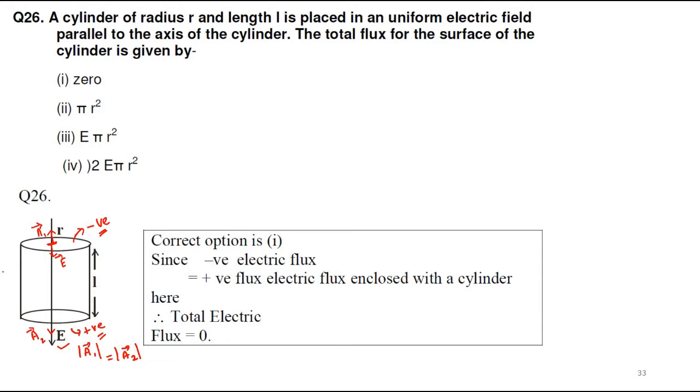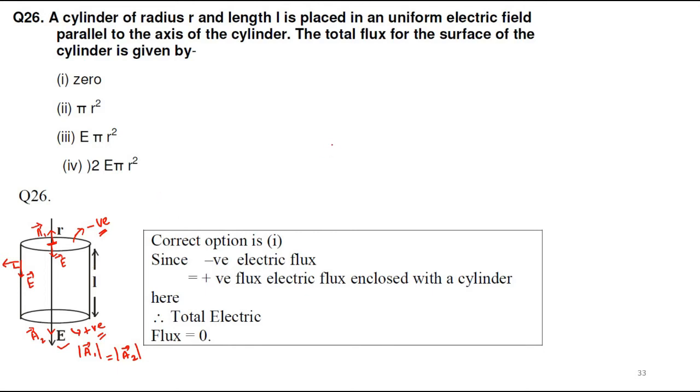Then what about the curved surface? On the curved surface, the electric field is like this, E vector, but the area vector, the outward drawn normal, will be like this. This angle is 90. So the flux through the curved surface is 0 because E A cos 90 is 0.